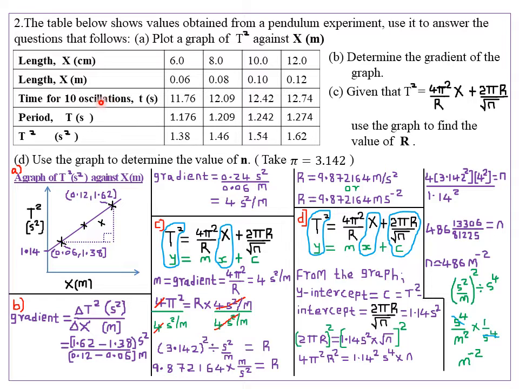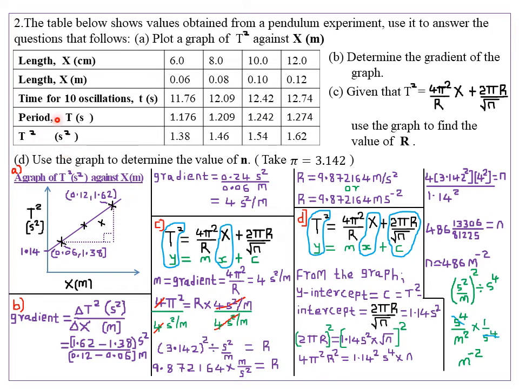For example, these are 10 oscillations, so you just take the time here, which is 11.76, divided by 10, which will give you 1.176. Of course, I've chosen 3 decimal points. Then you have to ensure that all values within this particular row of period are to a uniform number of decimal points. So because this is to 3 decimal points, all of them have to be to 3 decimal points.